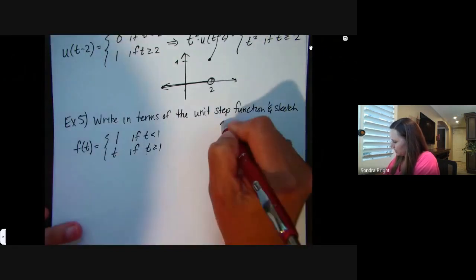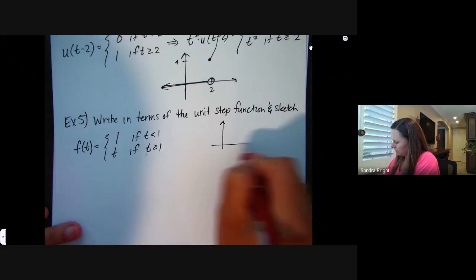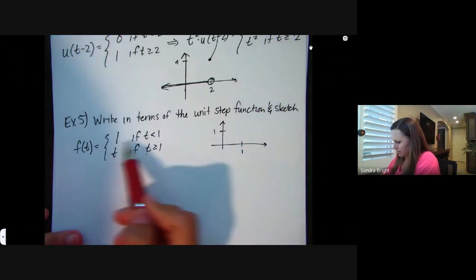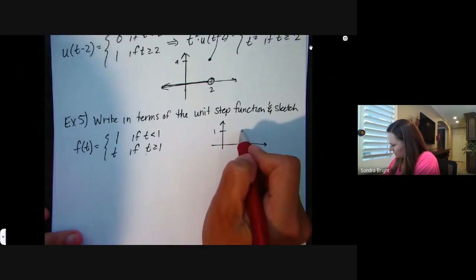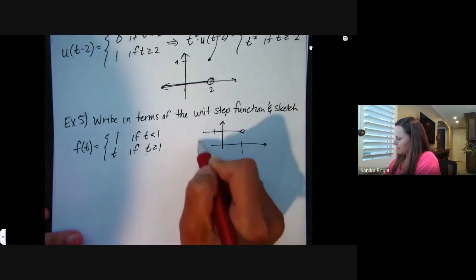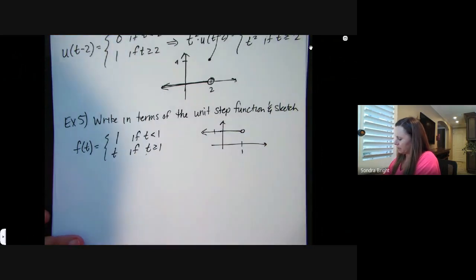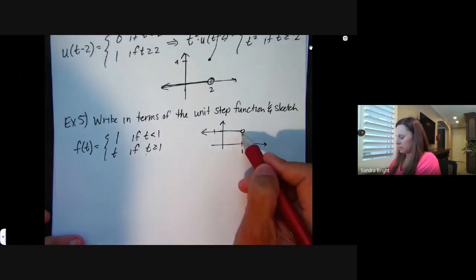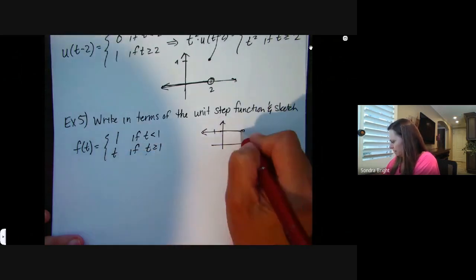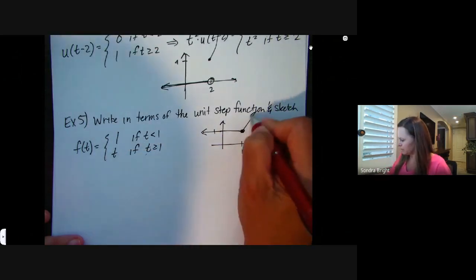It's going to change when t is 1, and if t is less than 1, you've got an open dot there, and it's 1, right? But then when t is greater than or equal to 1, your function is going to be t, so it's a closed dot, same spot, but going up like that. So here's what the graph looks like.